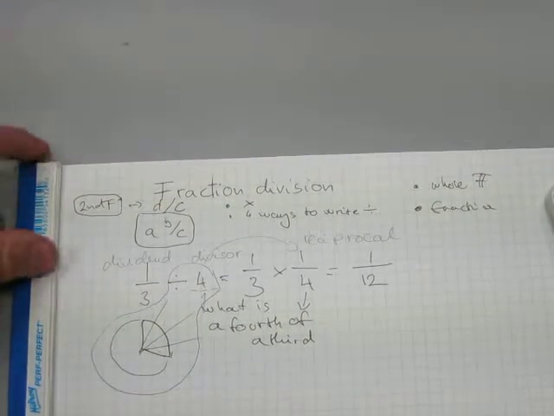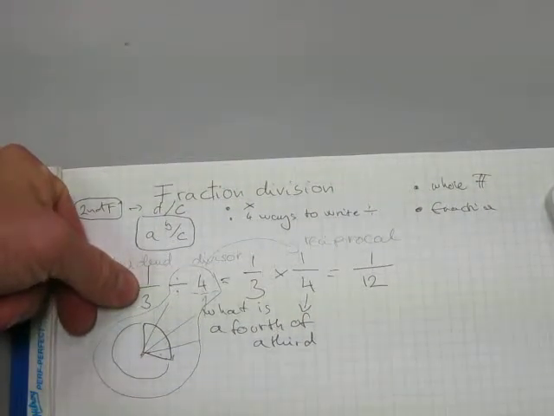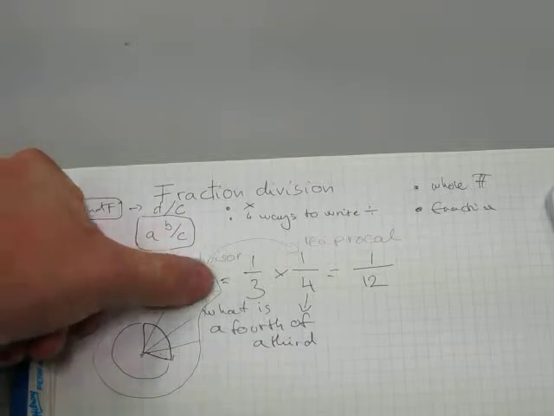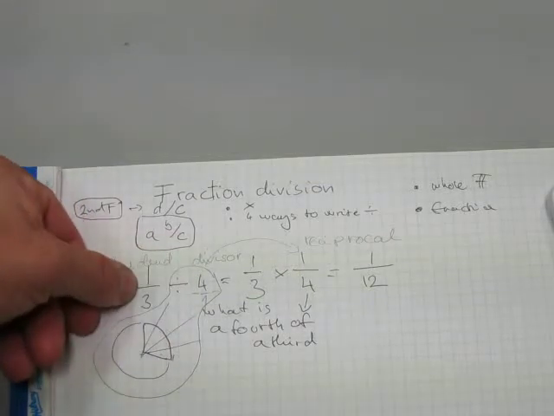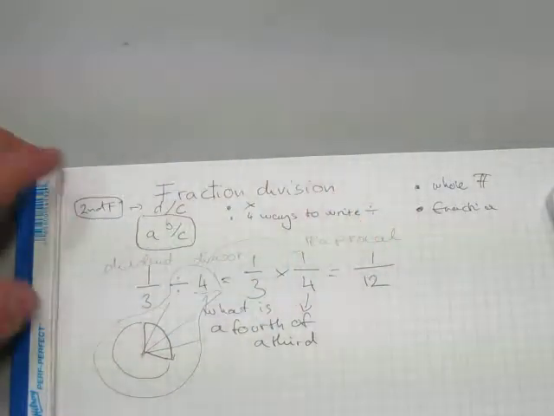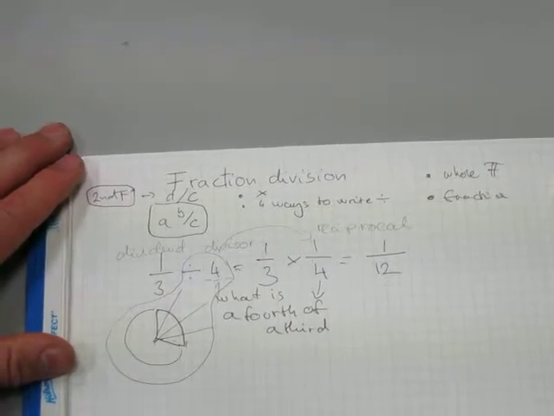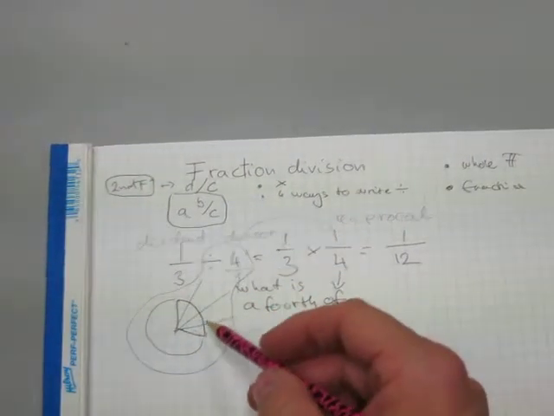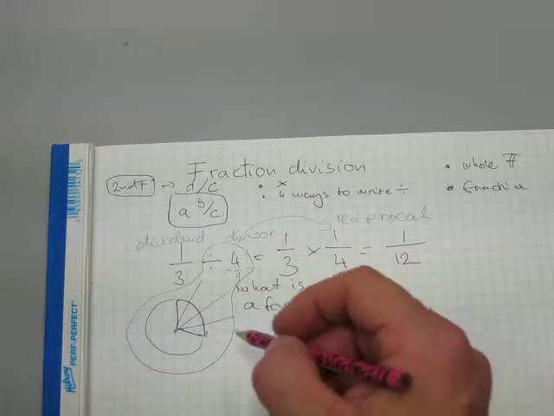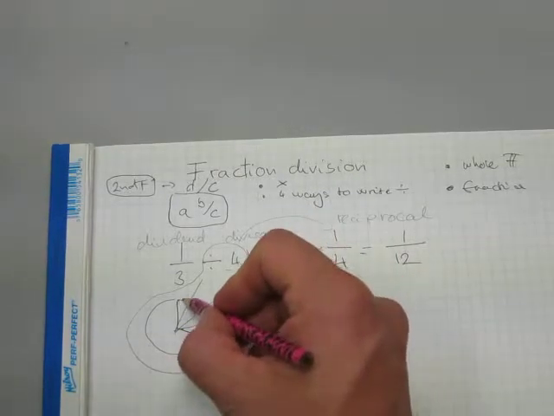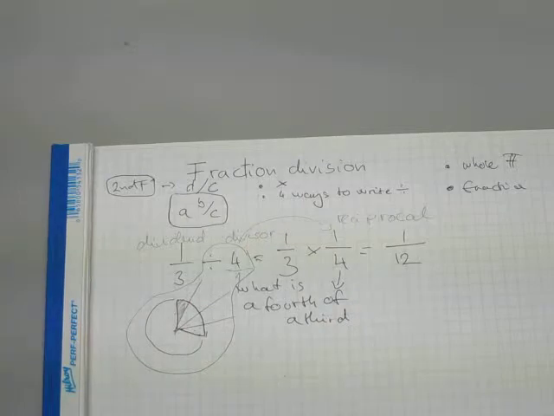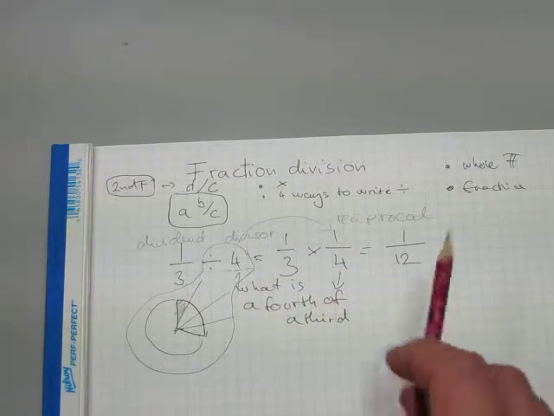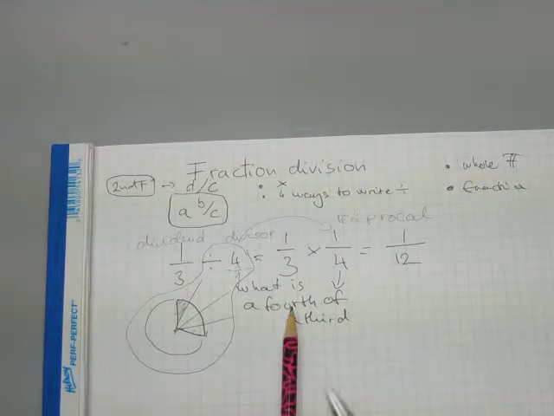So the answer to the question, what is a fourth of a third? The answer is a 12th, because when the third is divided into 4 equal parts, then one portion of it will be a 12th of the original full size of pizza. One portion of it will be 1/12.